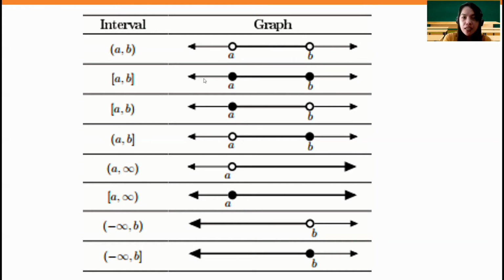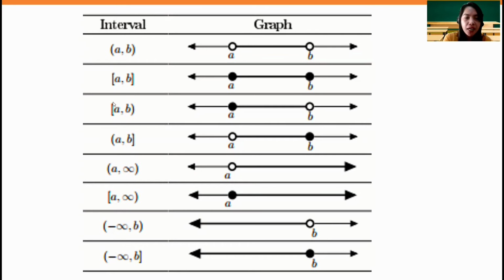Meaning nito, this is a set that includes all the numbers from A to B. So yung A and B ay kasali na sa set and all the numbers between them. Sa number line, shaded din yung numbers from A to B.